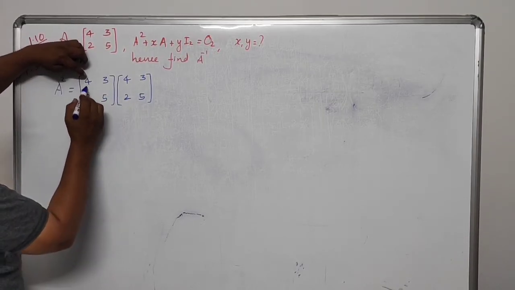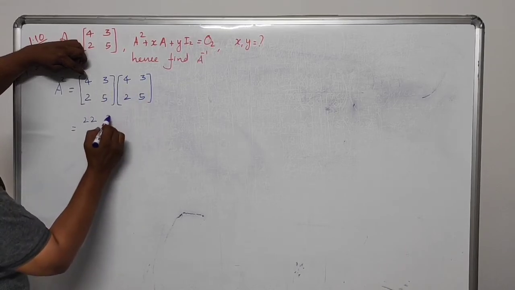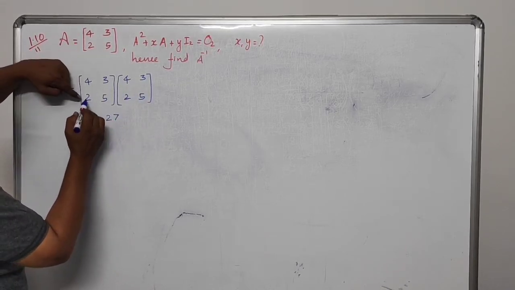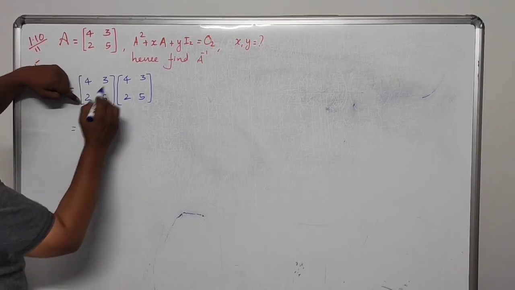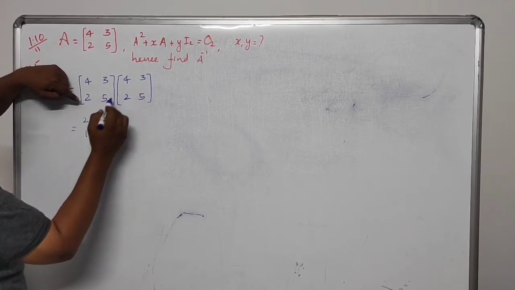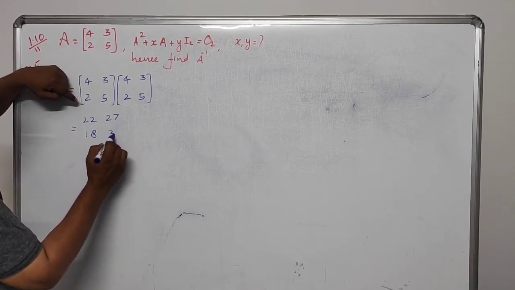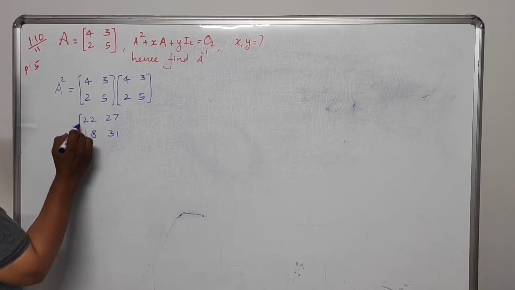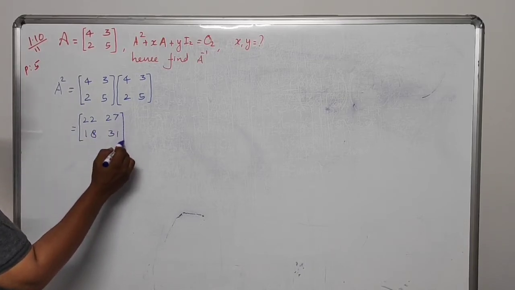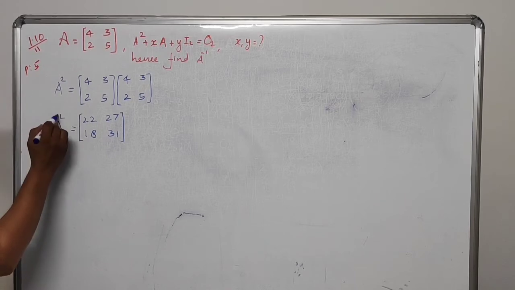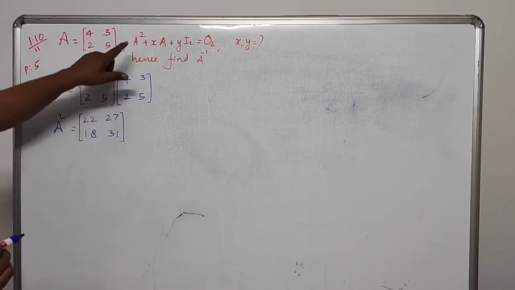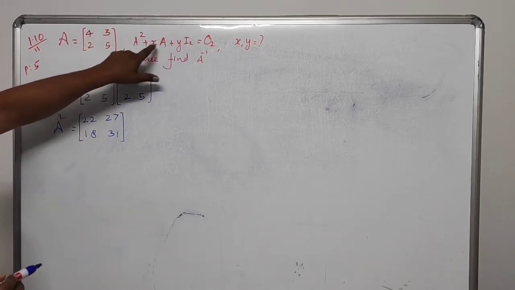Then 4 3s are 12 plus 15 equal to 27. Then 2 4s are 8 plus 10 is equal to 18. Then 2 3s are 6 plus 25 equal to 31. Now A square is equal to 22, 27, 18, 31. This is A square.